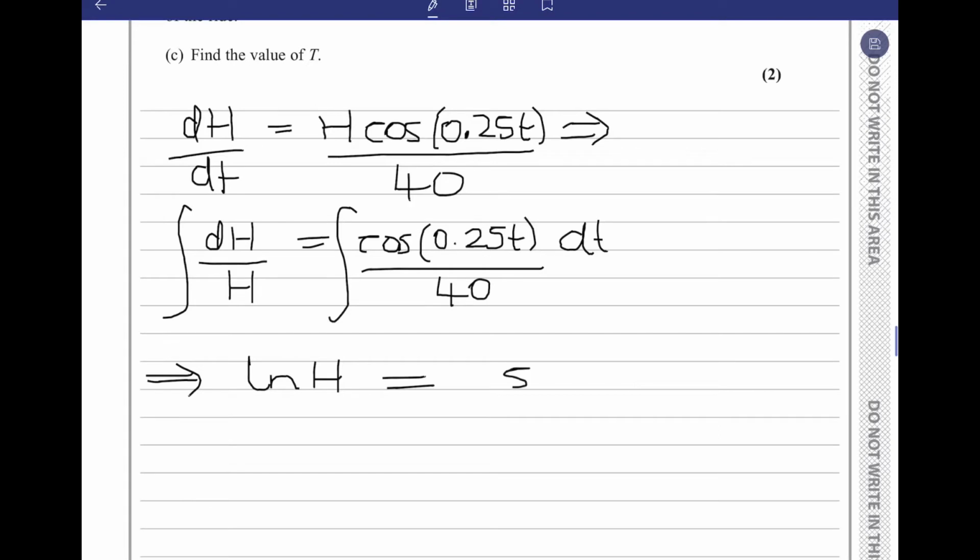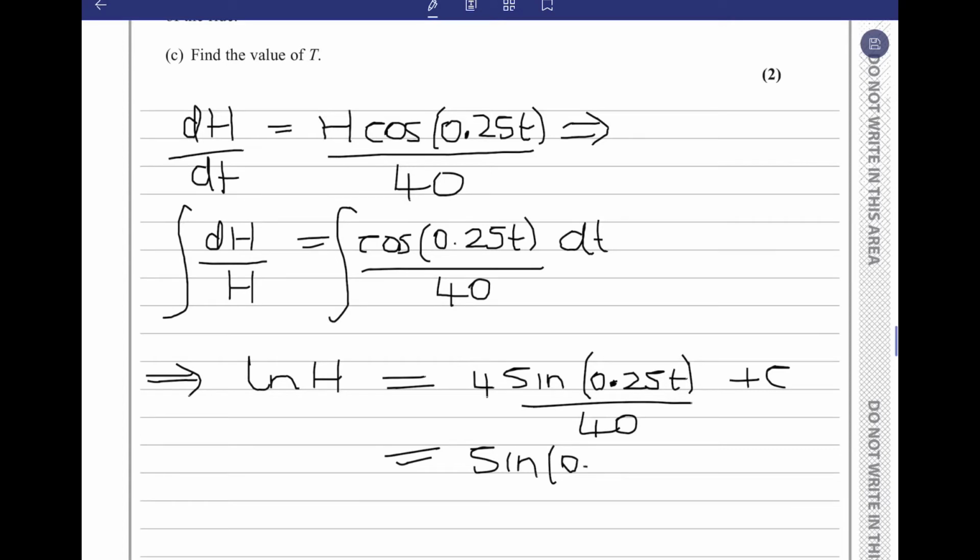So what we actually get is sine 0.25t divided by 40, but then we're dividing by a quarter, which means timesing by 4, plus c, and this equals sine 0.25t over 10 plus c, just by cancelling down the fractions there.